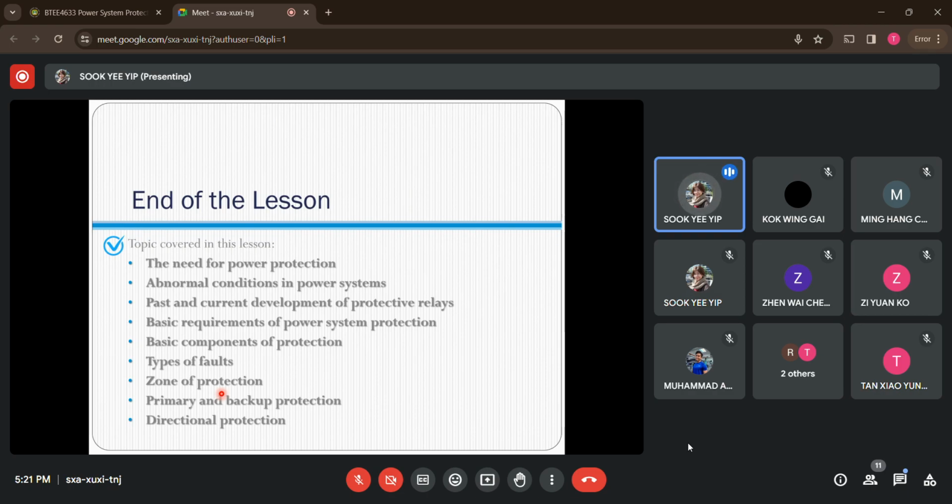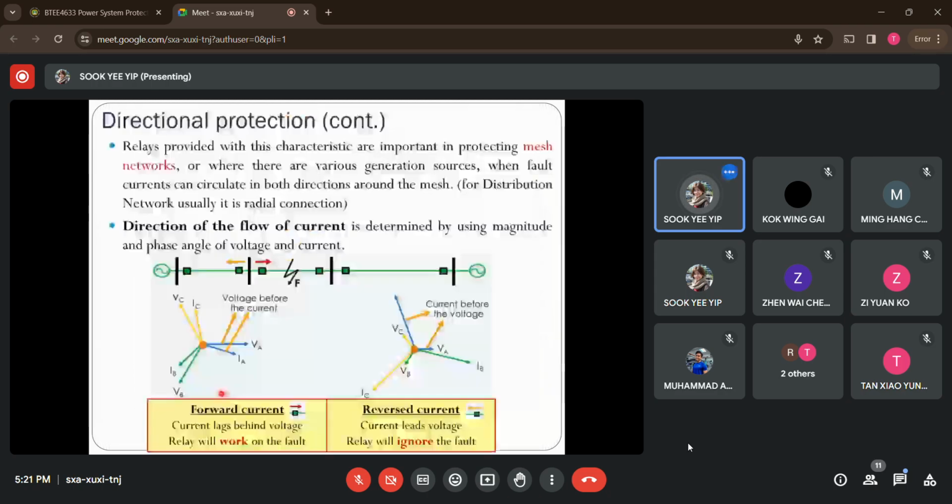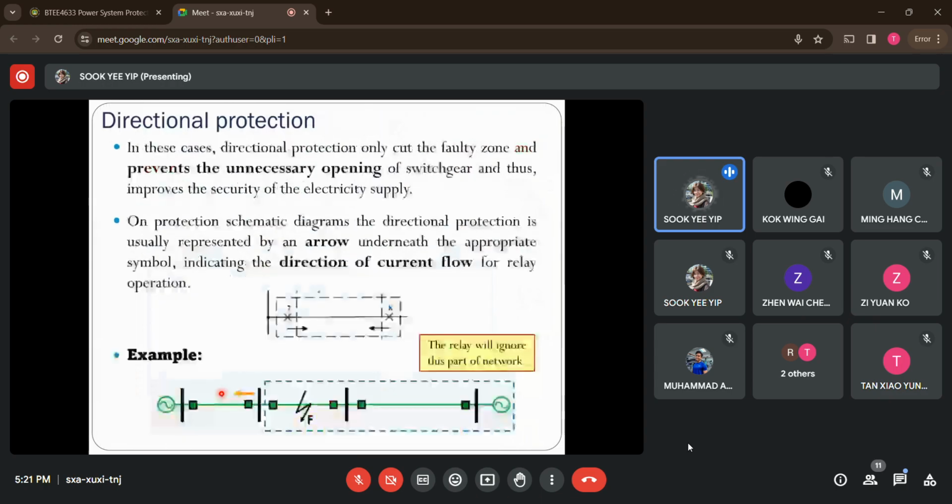The last one is in terms of directional features. I forgot to mention how you can differentiate whether a relay is with or without the directional feature. For example, in this case, if the protection system, either switch-like or in a box like this, doesn't come with an arrow, it is the conventional protection system, which will detect faults coming from both directions.